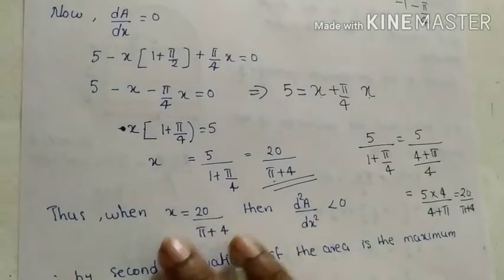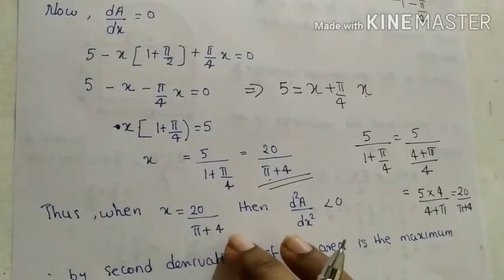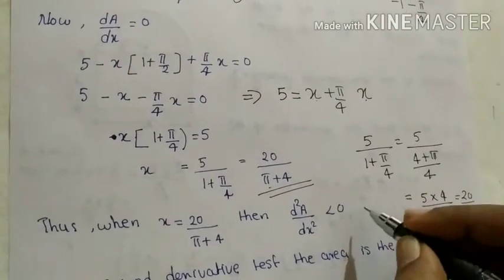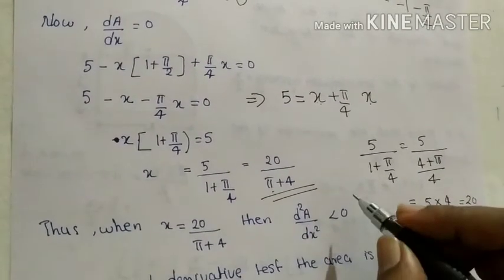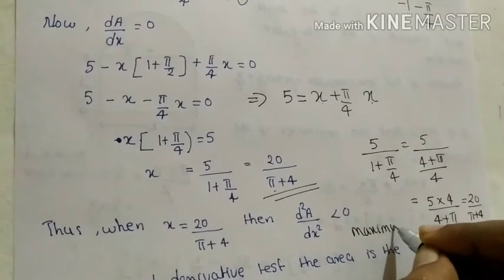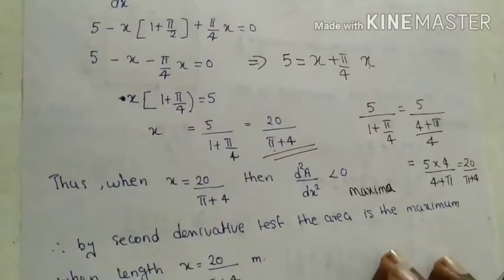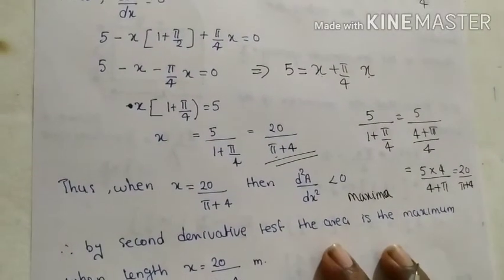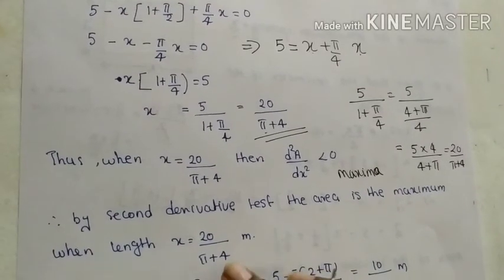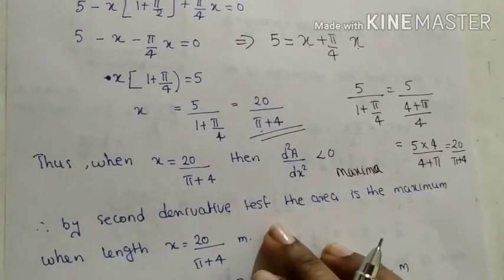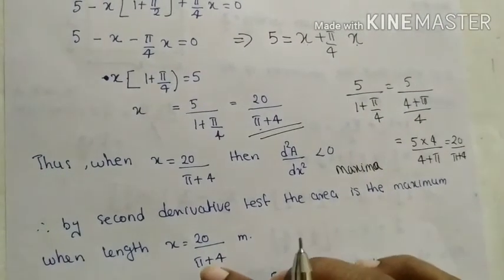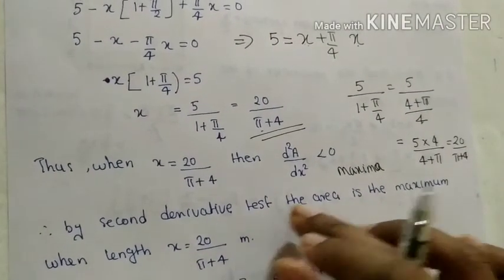That is, when x equals 20 by pi plus 4, then d square A by dx square is less than 0. That means it is the point of maximum. So, by the second derivative test, the area is maximum when length x equals 20 by pi plus 4 meter. So we get our length as 20 by pi plus 4 when our area is maximum.